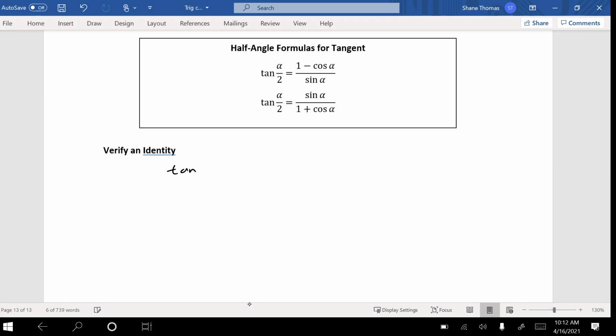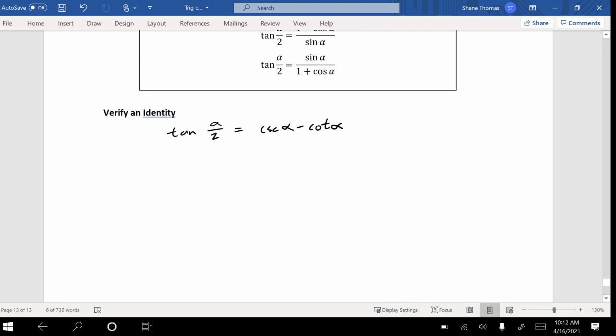We want to verify the tangent of alpha over 2 is equal to the cosecant of alpha minus the cotangent of alpha. This one's not a hard one, I promise. Now, I like tangent better than cosecant and cotangent.